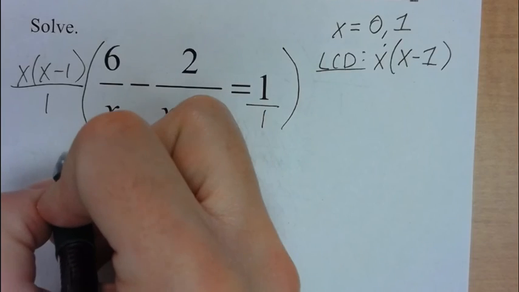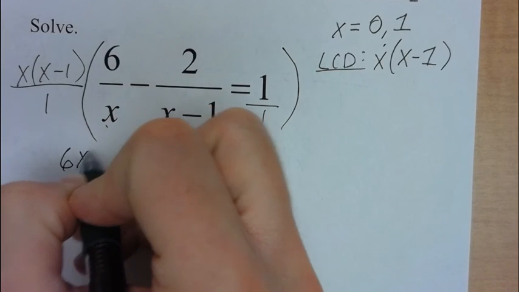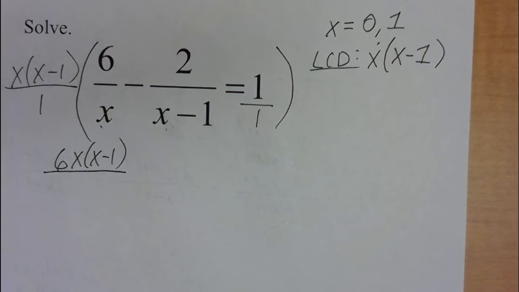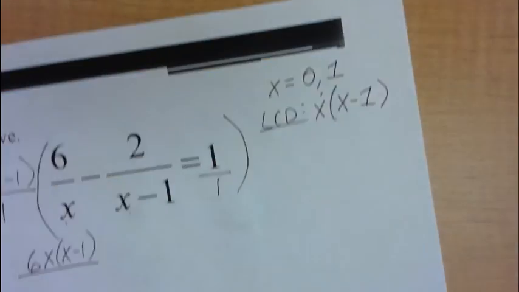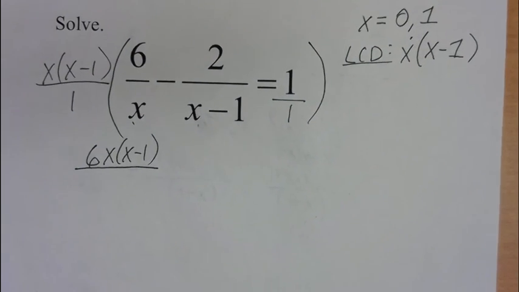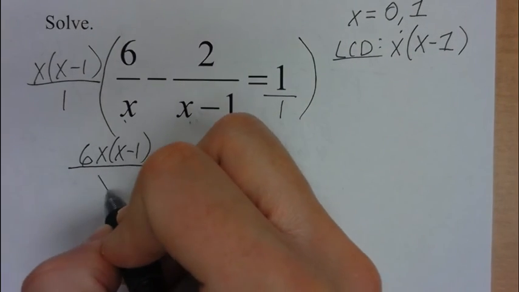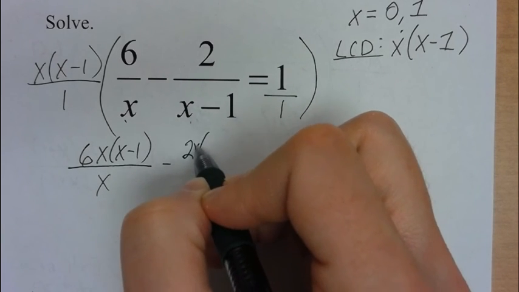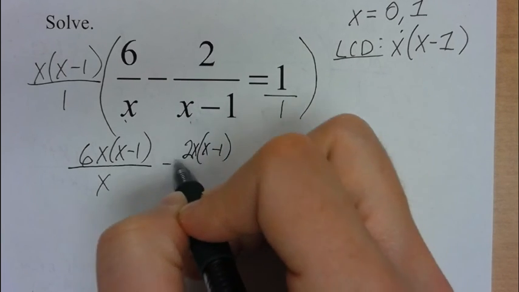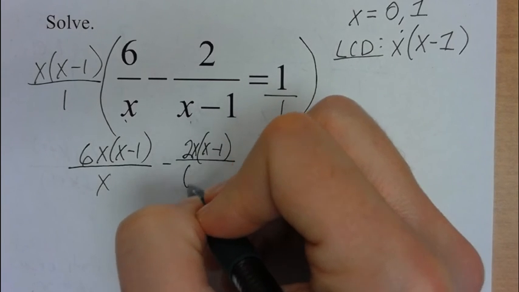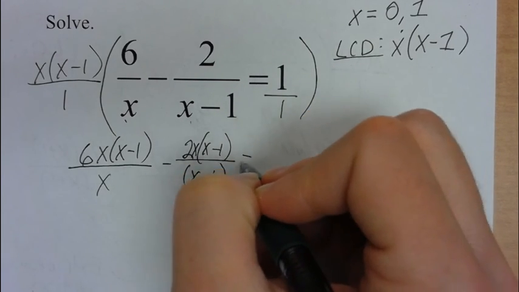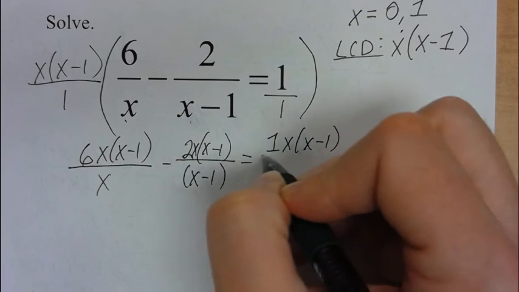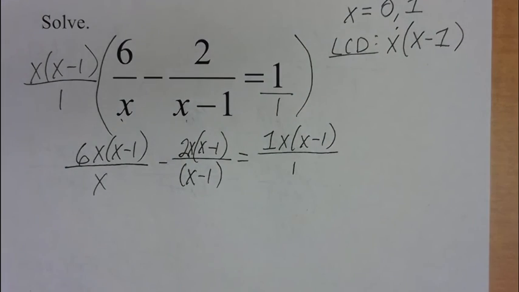Okay, so now on the first fraction, we have 6 times our common denominator. And we have the same x on the bottom, minus 2 times our common denominator, and x minus 1 on the bottom, and then 1 times our common denominator on the top with a 1 on the bottom.